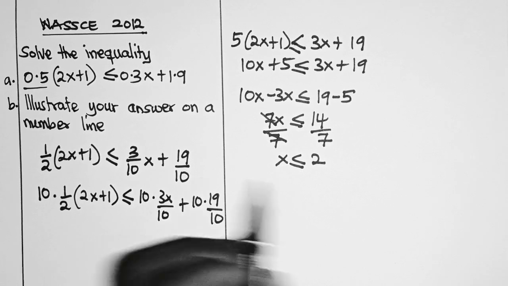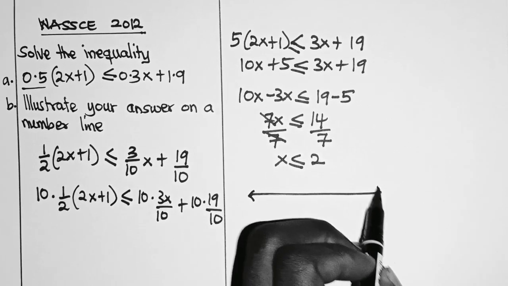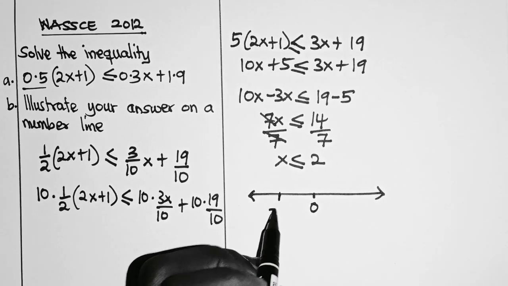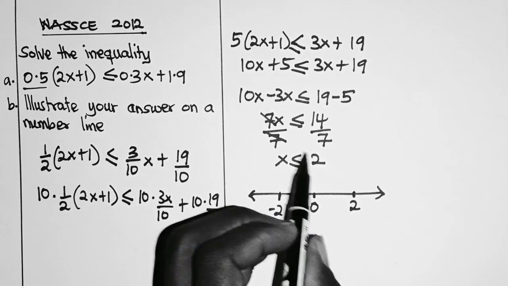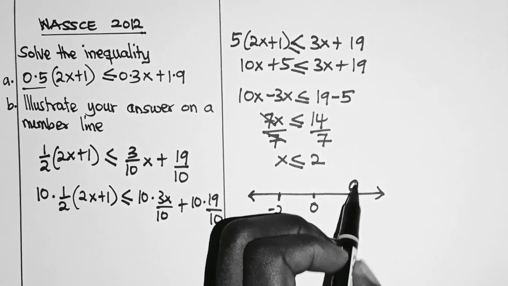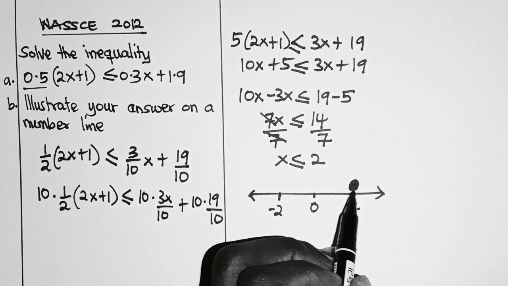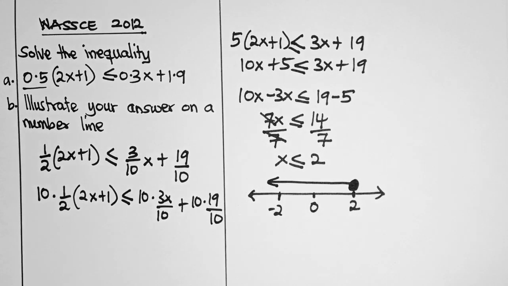So let's illustrate this on a number line. If we have a number line like this, and let's assume here is 0, then here is minus 2, then here is 2. Because it is less than or equal to, we use a filled circle, and this is the region of values where x is less than or equal to 2.